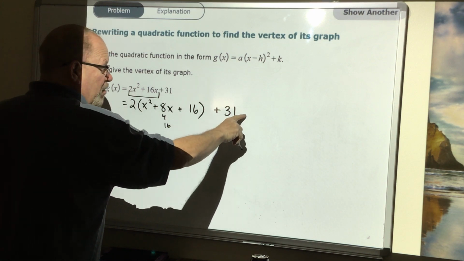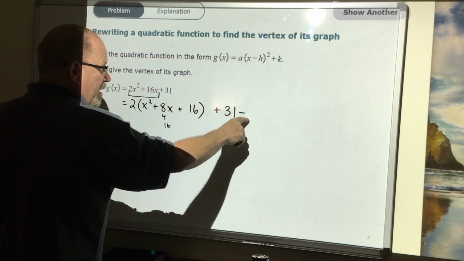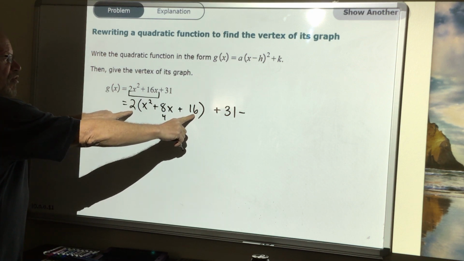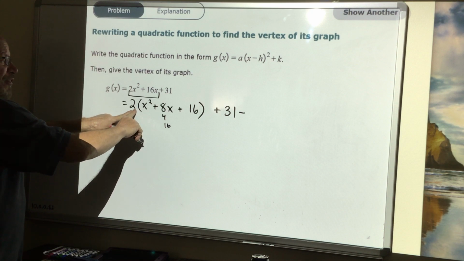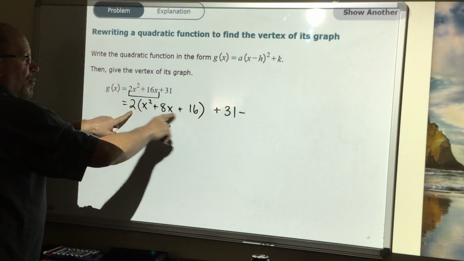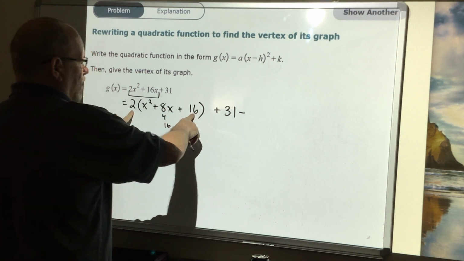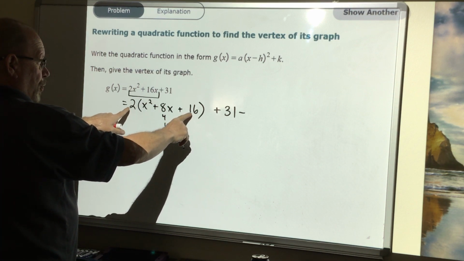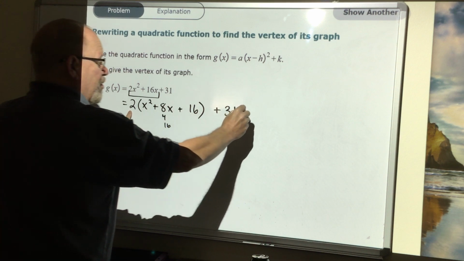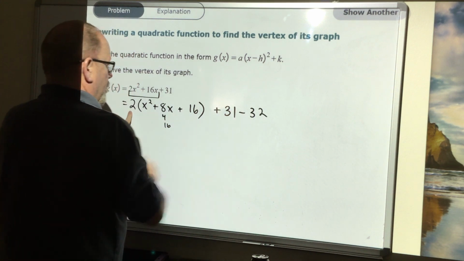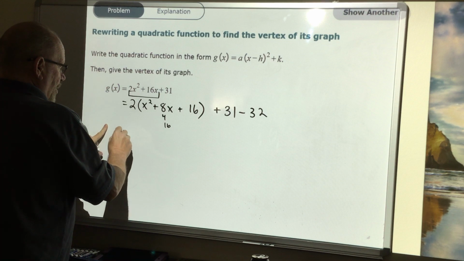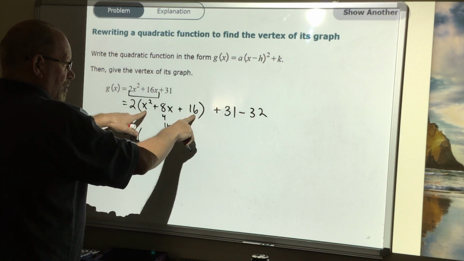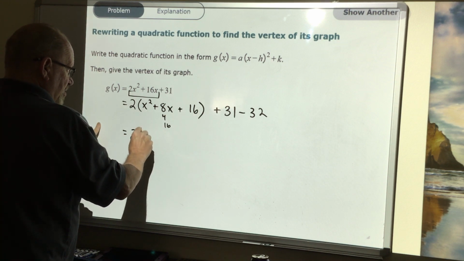Now I would have to do minus 16 to make up for that, except that I didn't really add 16, I added 2 times 16. Remember, I factored a 2 out. This 2 multiplies everything inside. So I'm going to have to undo that. I added 32 here, so I'm going to undo it by subtracting 32.